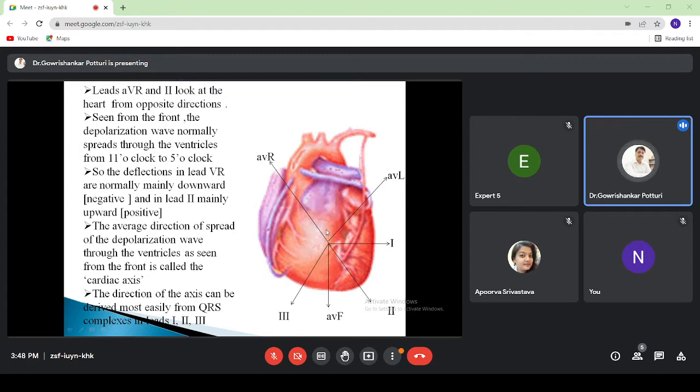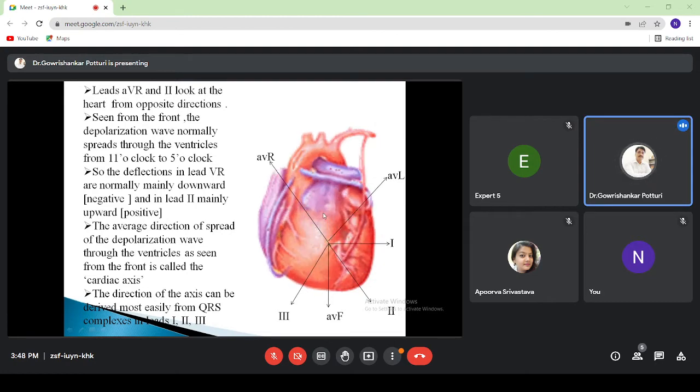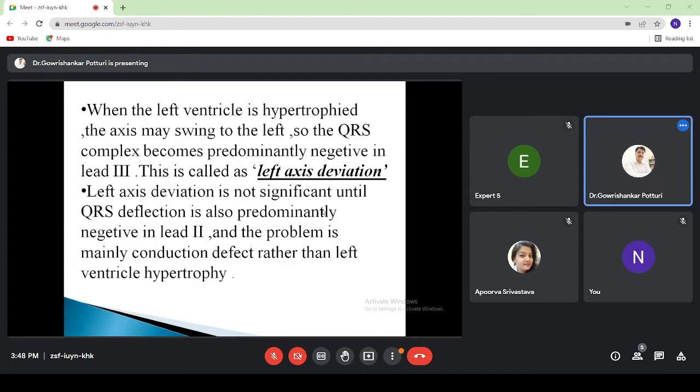So the wave is going away from lead 1 in right ventricular hypertrophy. So in lead 1, there will be S wave dominance. This is called right axis deviation and is associated with pulmonary conditions and congenital heart disorders.